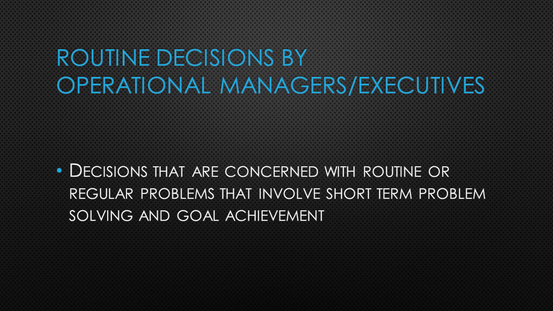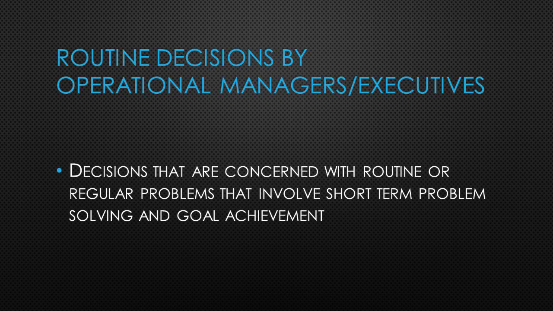But then, as you can see, if the operational managers are doing their work well and doing the day-to-day problem solving and goal achievement, then automatically the middle management is also achieving the overall things. They are guiding the operational managers as well. And finally, from a senior management perspective, if everything is being done well by the operational managers and by the middle managers, then the senior managers are also able to look at things from that higher level and see if things are being achieved or not.